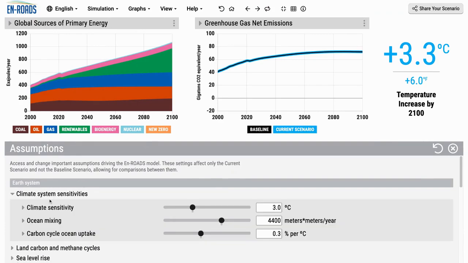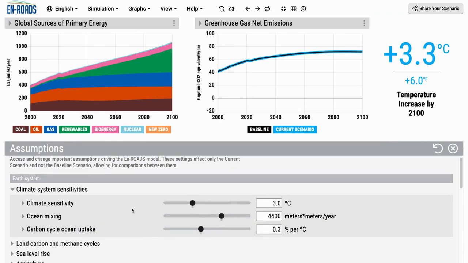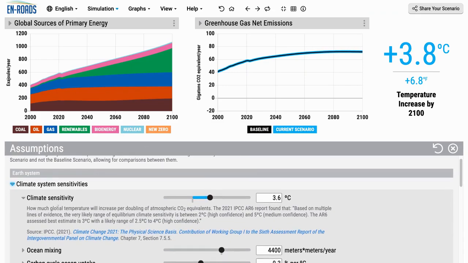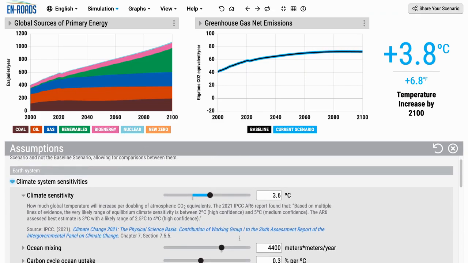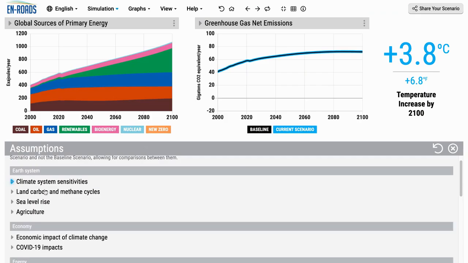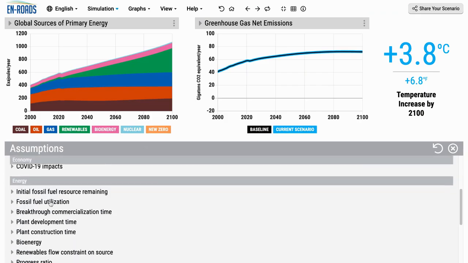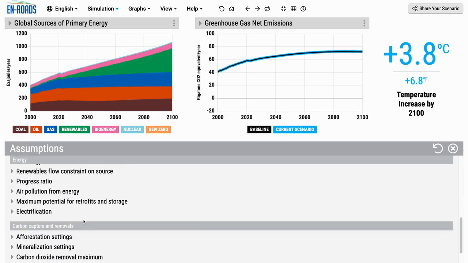One can change, for example, the climate sensitivity to a doubling of carbon. Watch the temperature in the top left. It could be weaker or stronger. One can change it and also see some of the references behind the analysis shown here. These assumptions are not just in the climate system, but in many other parts of the overall system.